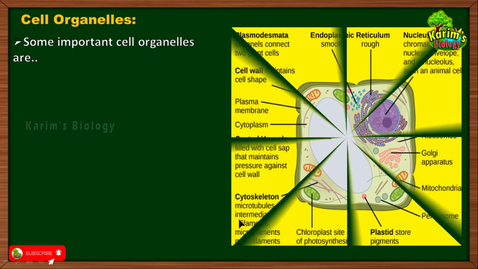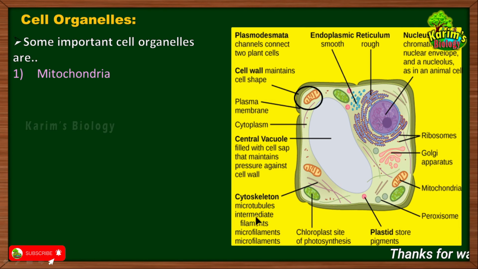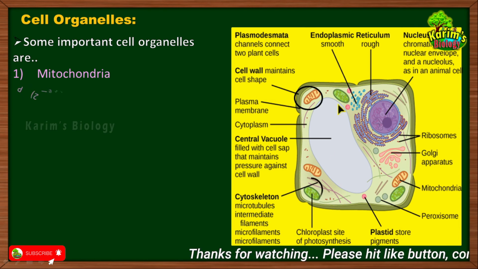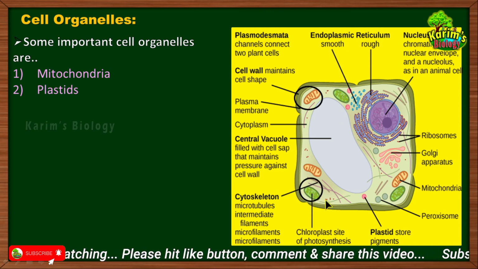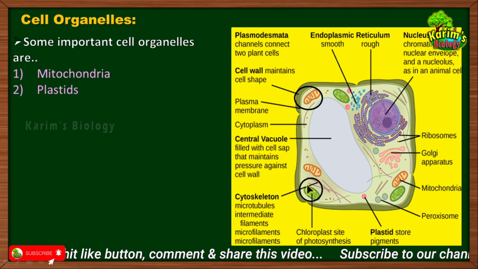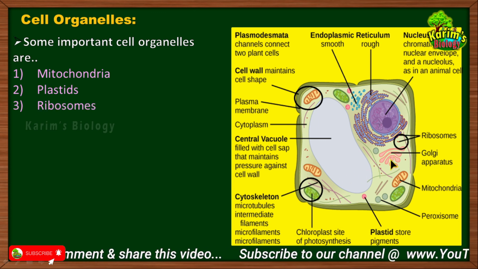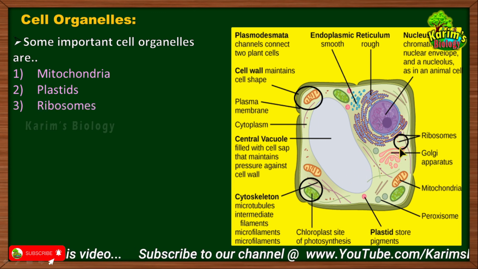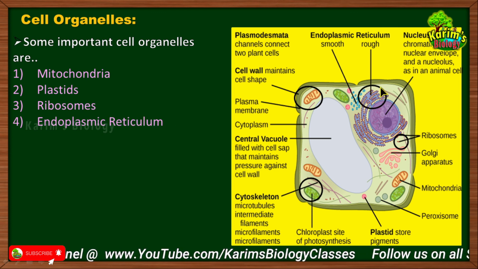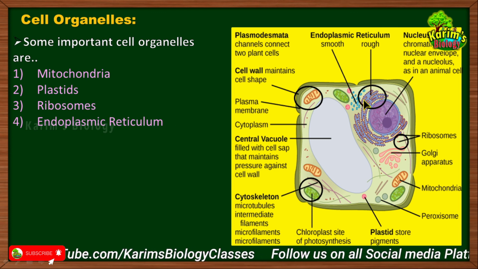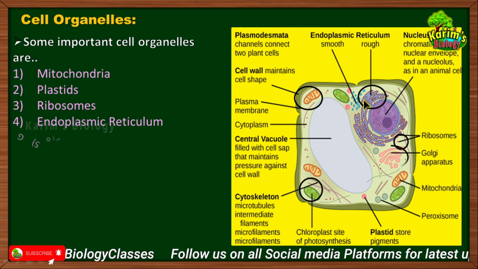First one is mitochondria, which is responsible for the production of energy in the cell. Second one is plastids. These are plastids. They are responsible for photosynthesis and storage of food material in plants. And ribosomes, which are connected to protein synthesis. Endoplasmic reticulum, which provides the framework to the cell and also transports substances.